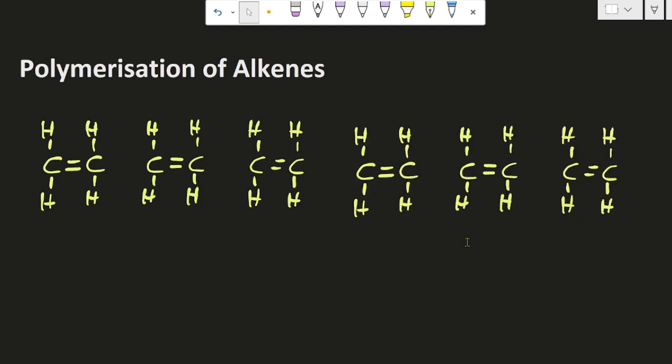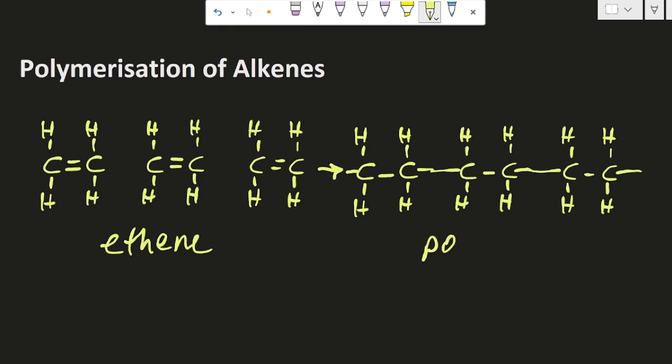So the trick with that, and I've chosen the simplest one here, is the 2 electrons at the top of the double bond go in one direction and the other direction, to the left and to the right. And now I've got the monomer ethene turning into polyethene. That's too easy. They'd never ask you that.